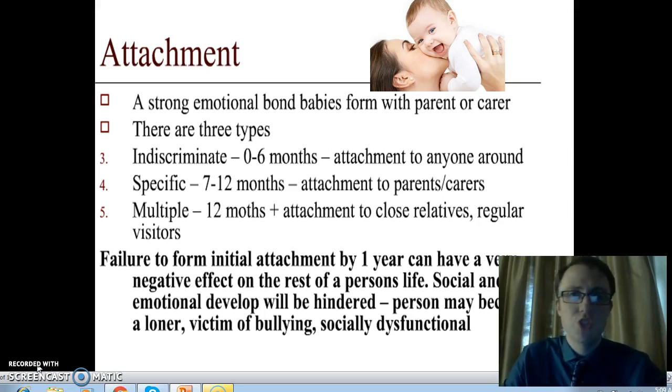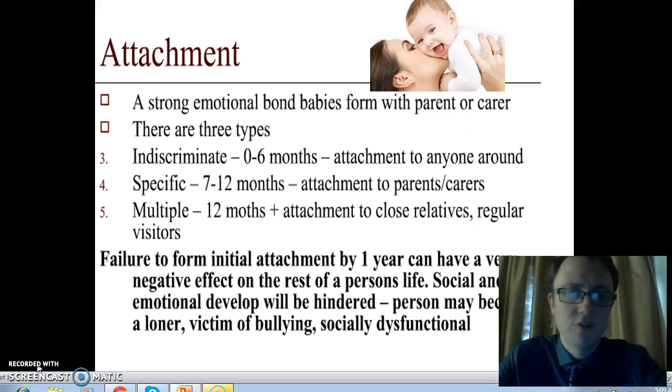However, by 7 to 12 months, babies go through the next stage of attachment, called specific attachment. If you try to pick up an 8-month-old baby who doesn't know you, you're going to get a different response, crying and all that, because now it's built up a very specific attachment to a very small number of people, its parents or carers.